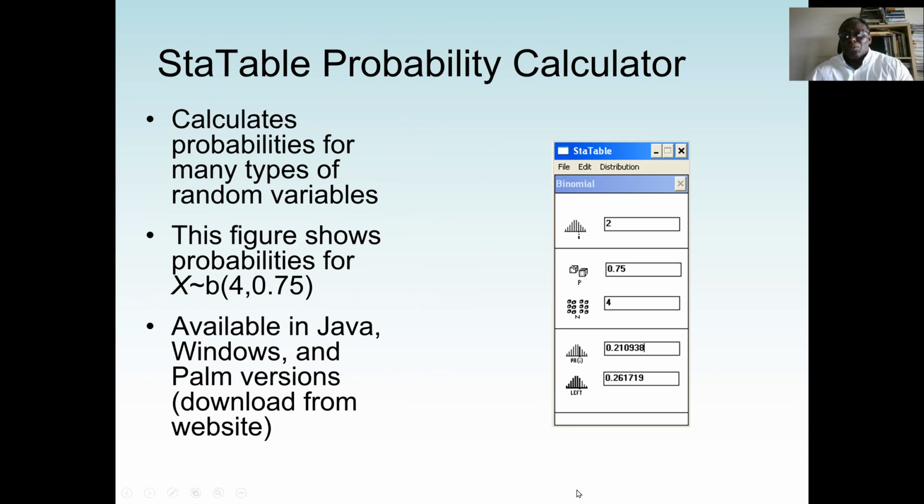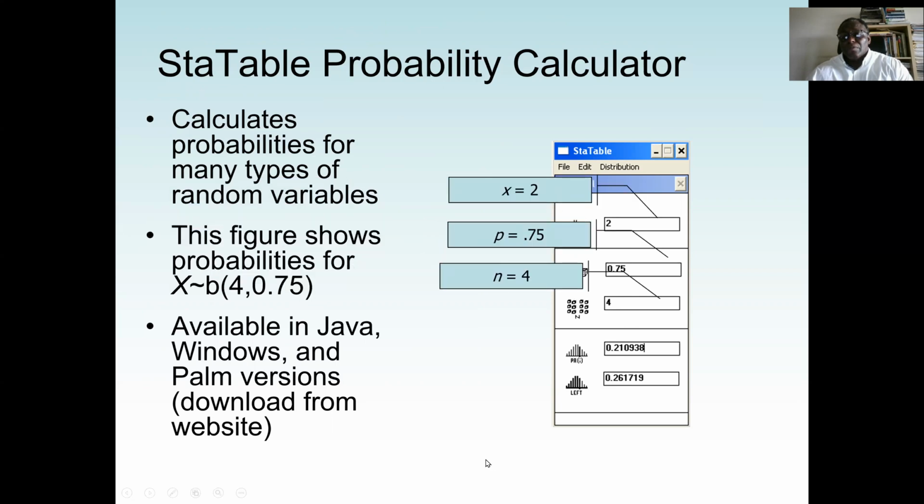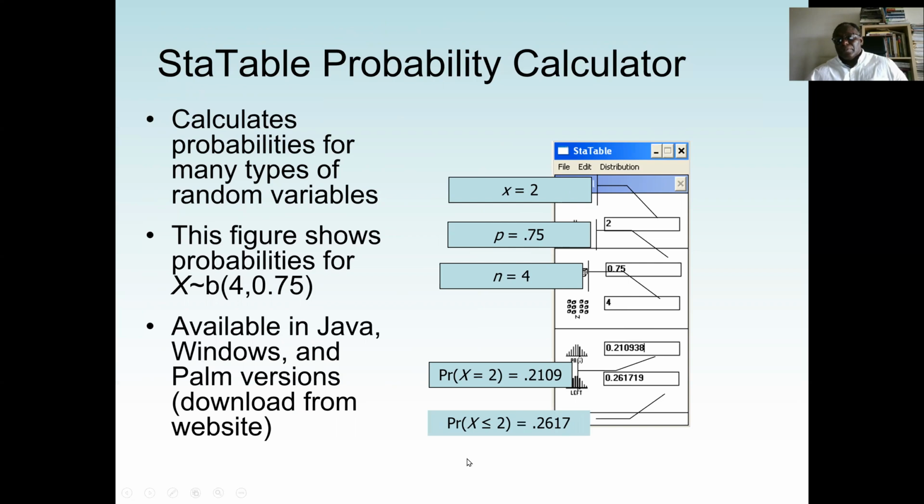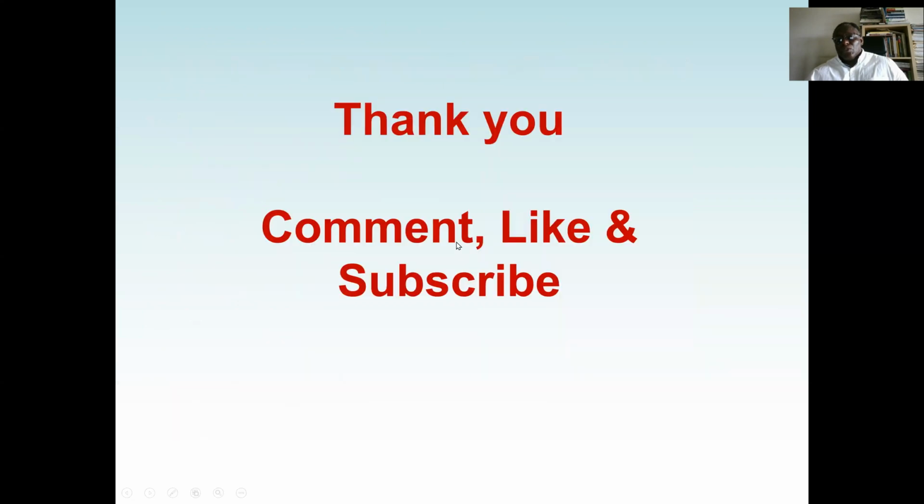In this example, we enter our N, we enter our P, and it gives us the answer. N is 4. What is the probability that 2 will be successful? P is 0.75. When you click, it gives us the same answer.